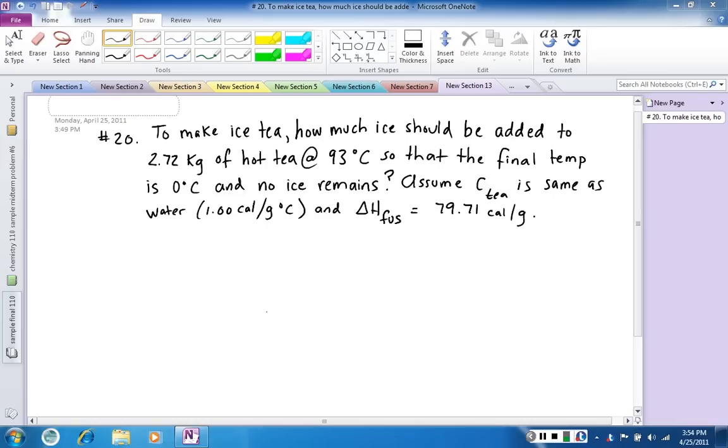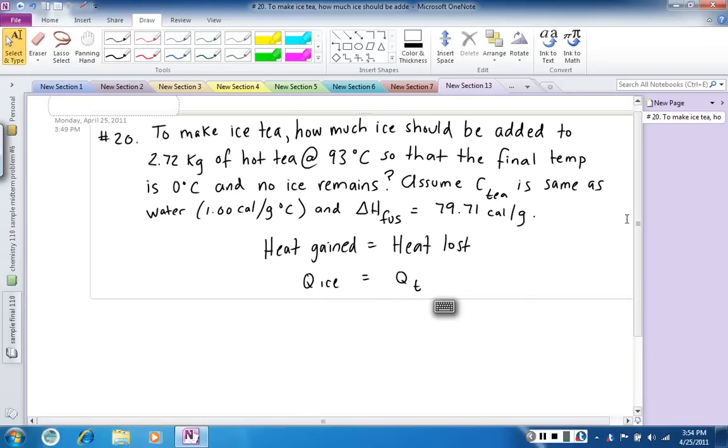So this problem has to be solved by saying that heat gained equals heat lost. The heat gain is going to be the Q from the ice, and the heat lost is going to be the heat from the tea.